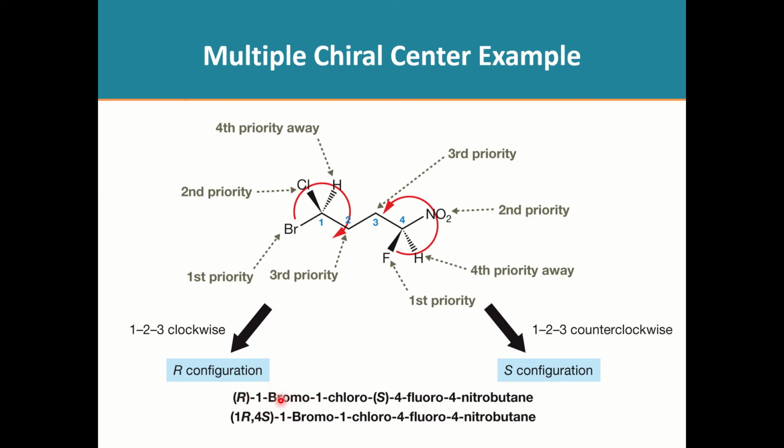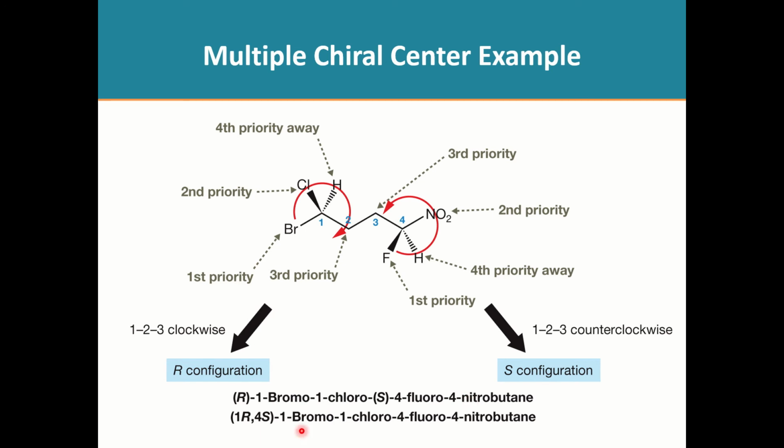So you can see that the 1 bromo, 1 chloro is referring to these groups right here, which are attached to carbon 1. So you just stick the R right next to those substituents. And you can see the fluoro and the nitro group are right here, and that is on carbon 4, and that has a S configuration. So it could be written that way.